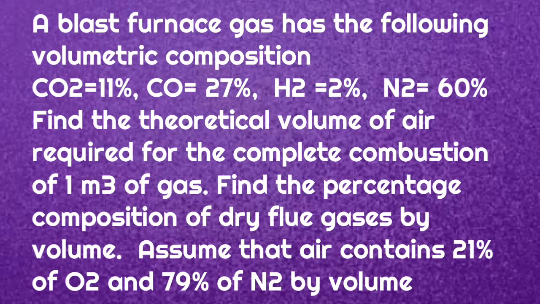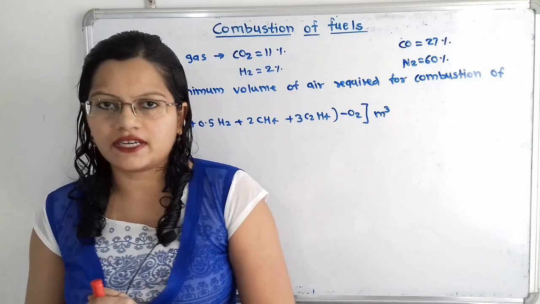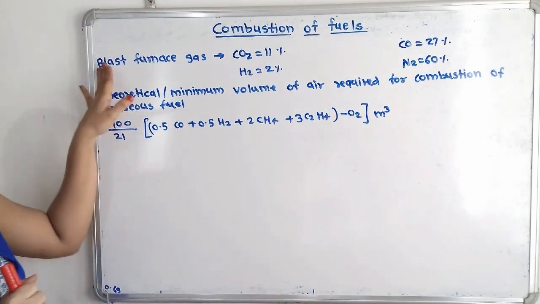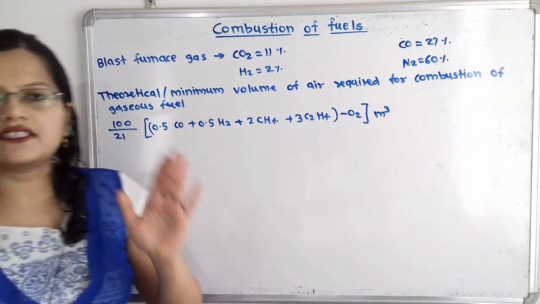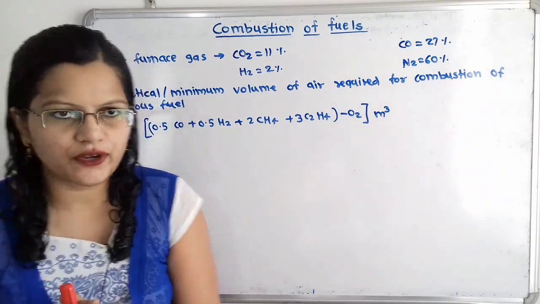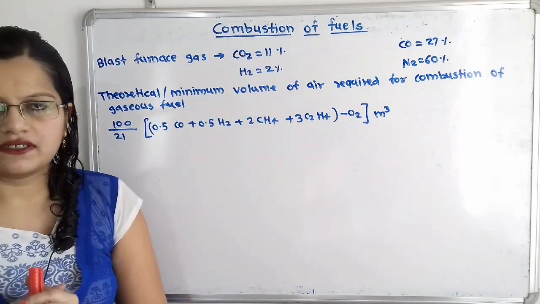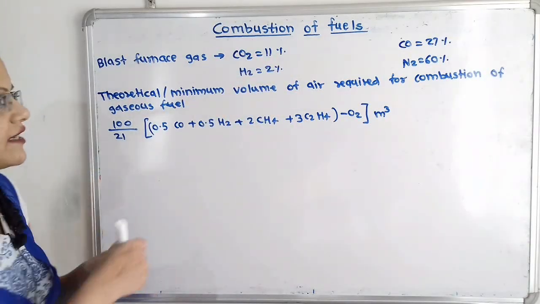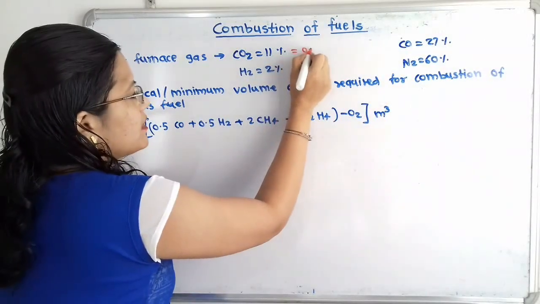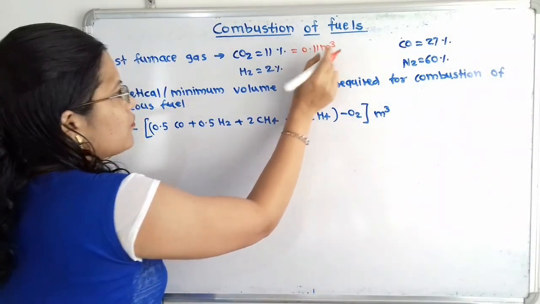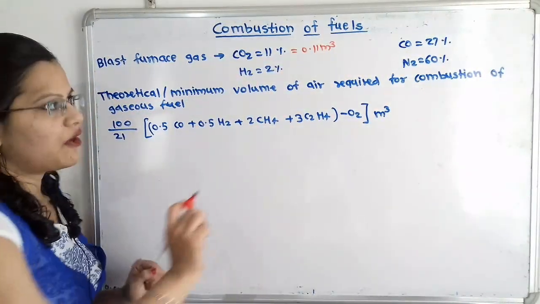Let us first understand the given data. It is given that the blast furnace gas, that is the fuel, is a gaseous fuel, and carbon dioxide is 11%. So 11 by 100, that is equal to 0.11 meter cube is the volume of carbon dioxide.